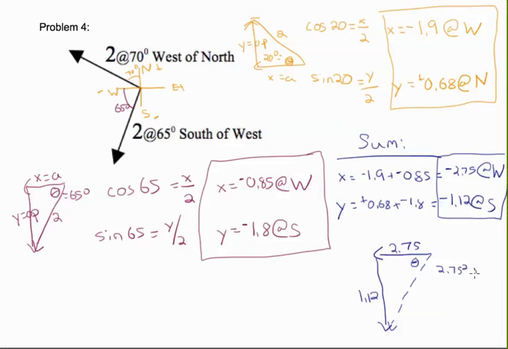And get 2.97, or you can round it to 3.0. And to find theta, we go over here and do tangent. Theta equals opposite over adjacent. So our theta is 22 degrees.